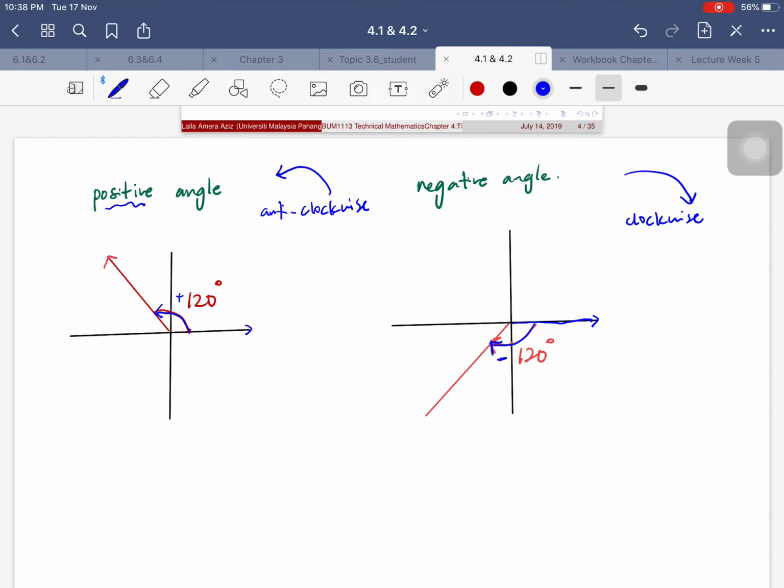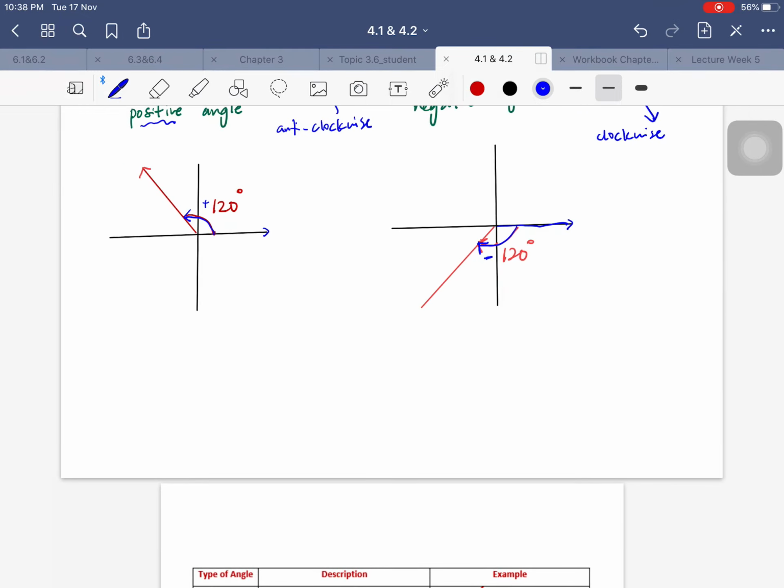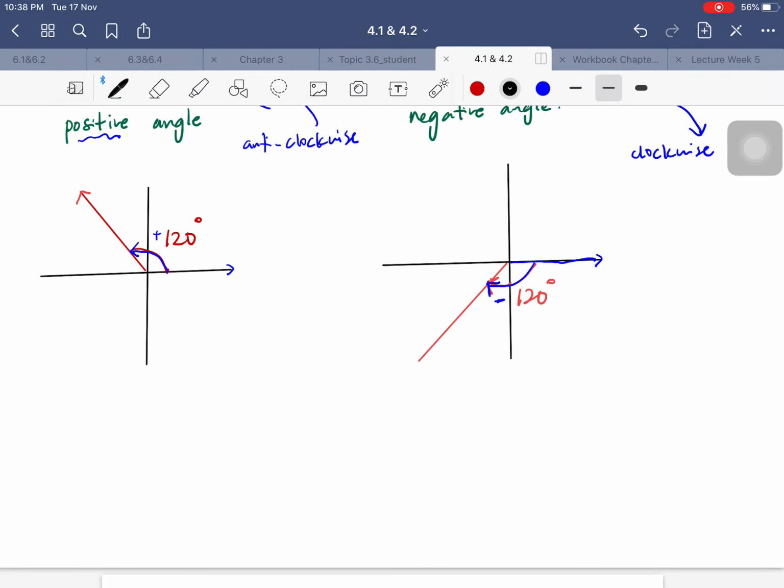And actually some of them could be the same. What do I mean? For example, let's say this is my 45 degrees, and it could be equivalent to me moving that way. This is the same angle and gives you the same value, and because it's moving clockwise, it is a negative value.